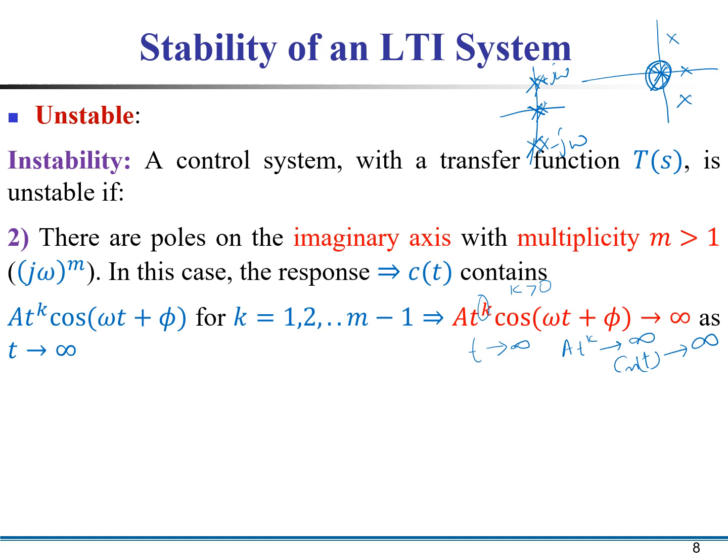Number one, if there is one or more than one pole in the right half S-plane, this means the system will be unstable.